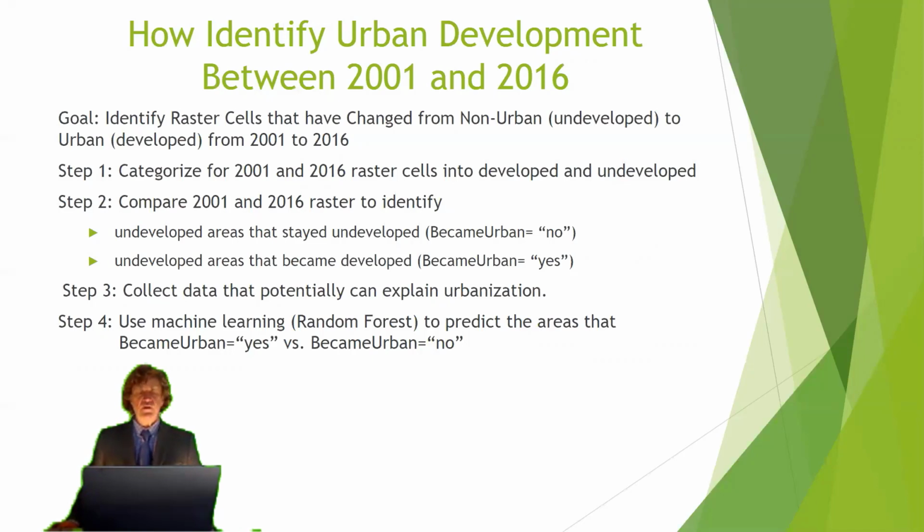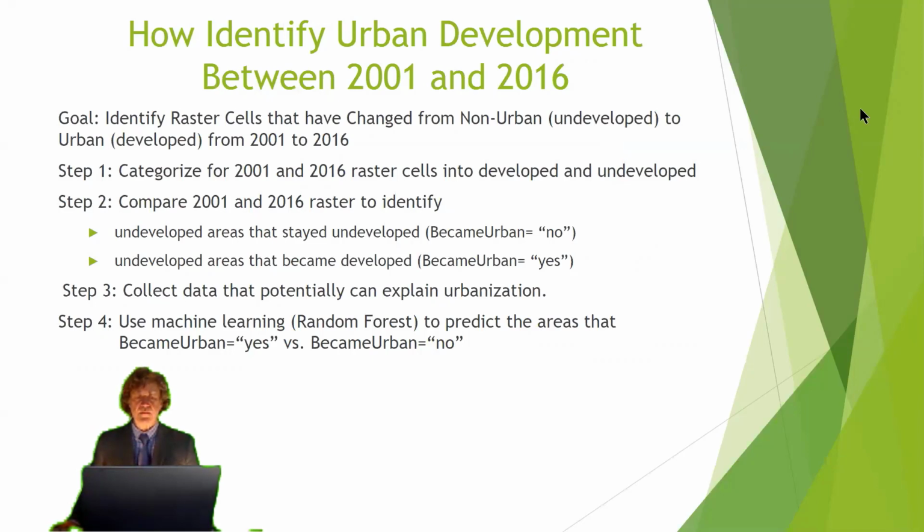Then we put everything together and we use R to develop a machine learning model. The machine learning model is a random forest model and it will predict if a raster cell became urban, yes, or if it stayed non-urban, then became urban will be no.